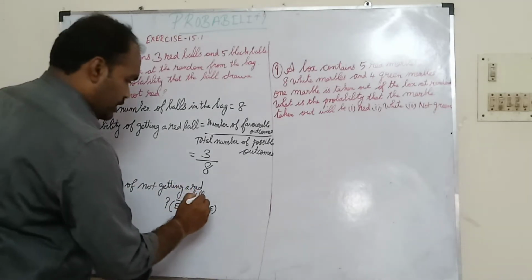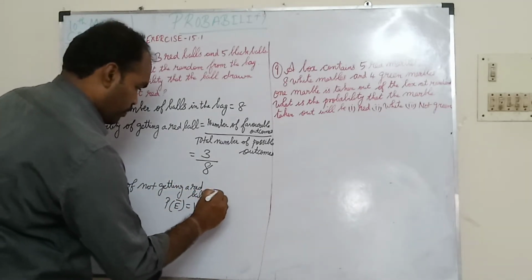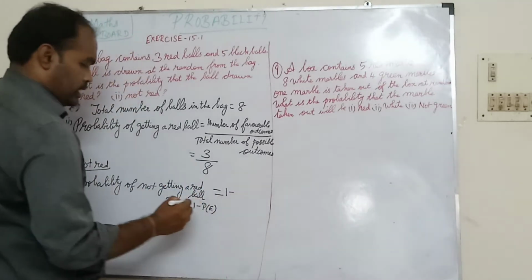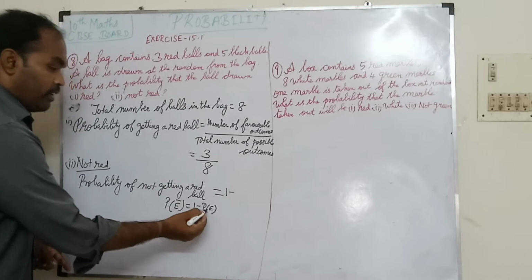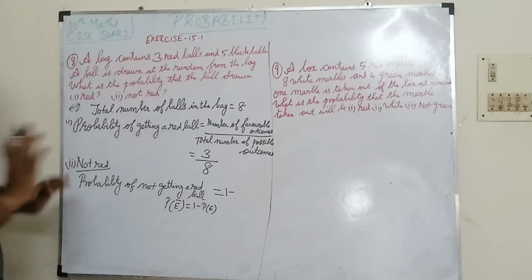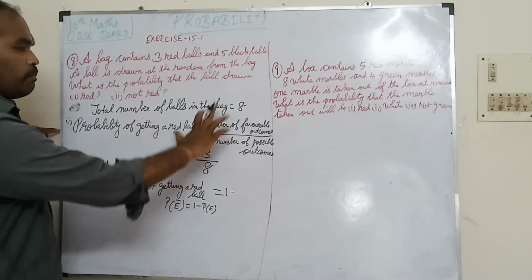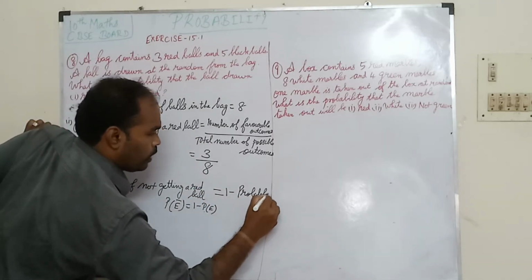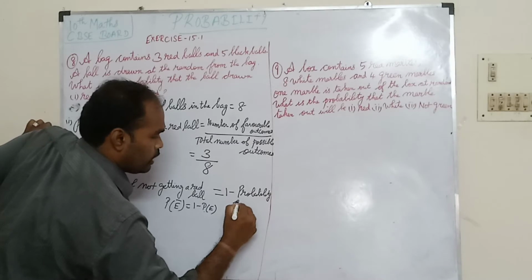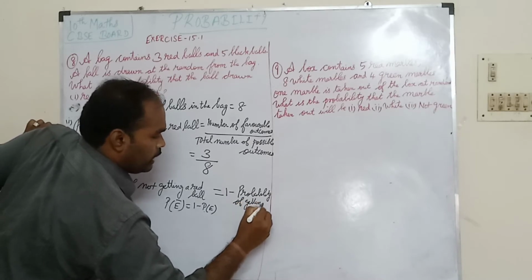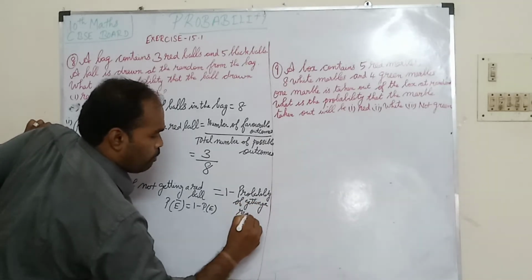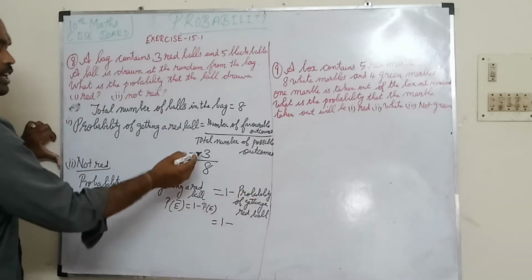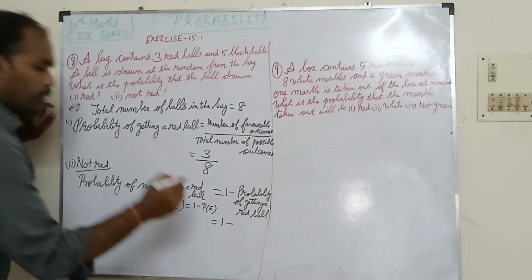So likewise, probability of not getting a red ball equal to 1 minus P of E, whatever it is there for the red ball. So probability of not getting a red ball equal to 1 minus the probability of getting a red ball, which is 3 by 8.